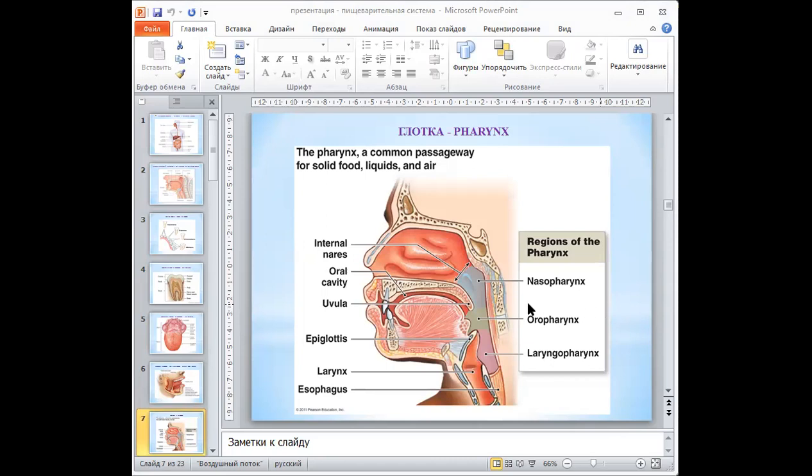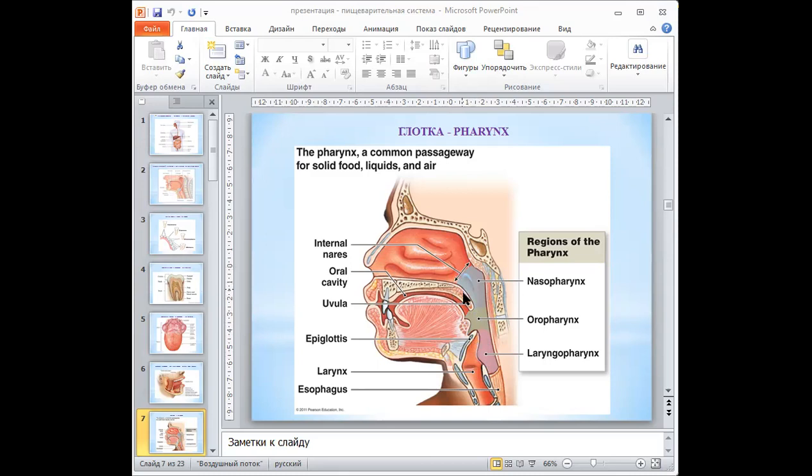The pharynx consists of three parts: the upper part, medium part, and lower part. The upper part is the nasopharynx, the medium part is the stomatopharynx, and the lower part is the laryngopharynx.